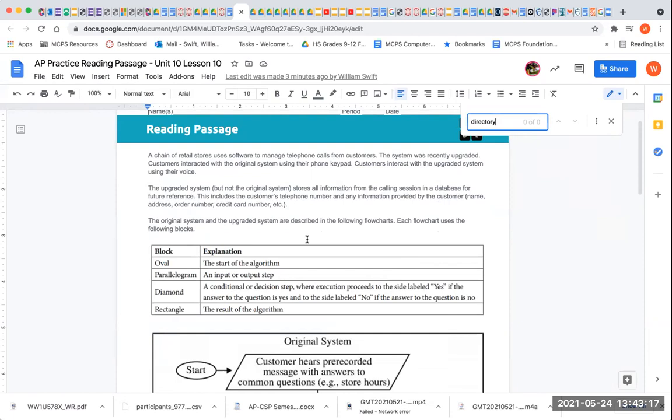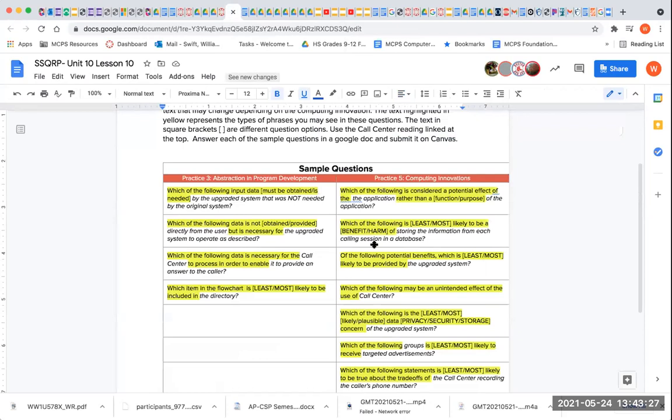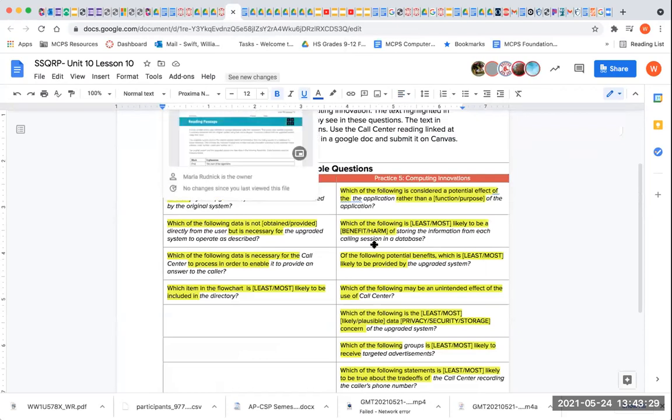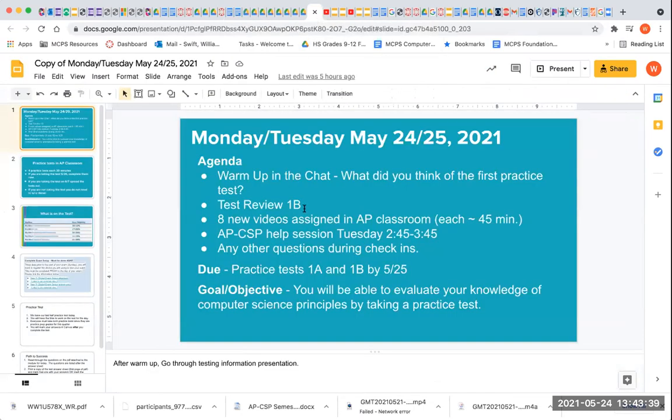A directory is like a school directory. It's just a bunch of names and, you know, their phone number and their address. Those are probably what's going on there. You just figure out anything that seems reasonable. If you fill this out, you will get credit, okay? That's the bottom line. All right, let's get back to our fabulous slideshow.